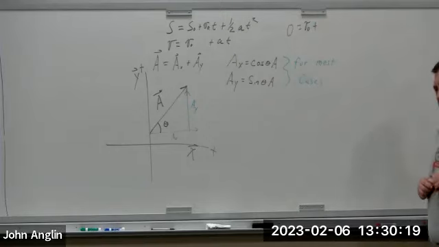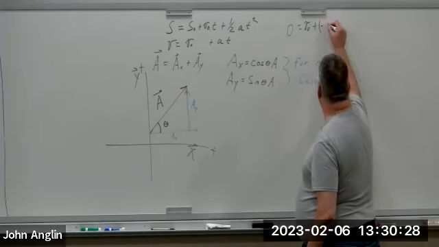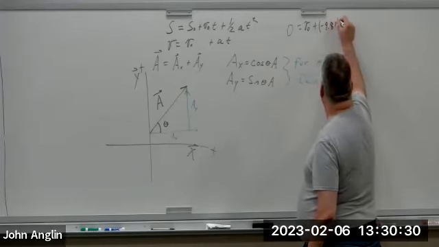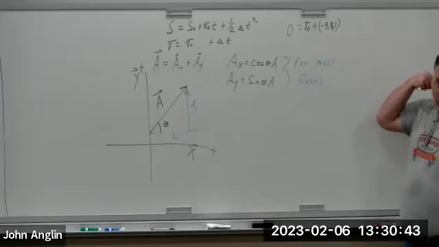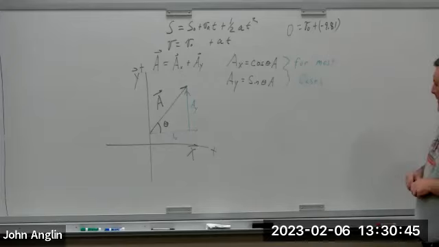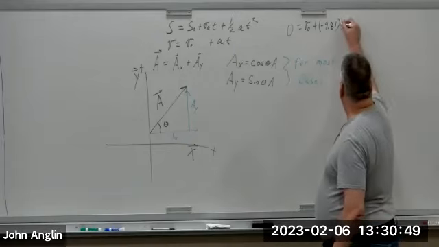So the only acceleration acting on this is the acceleration due to gravity. And remember, in our coordinate system, we use 9.81 as the magnitude. Because we've chosen up as the positive direction, gravity is going to act in the downward direction. So we have to add in this negative 9.81. And then we need to know our time.